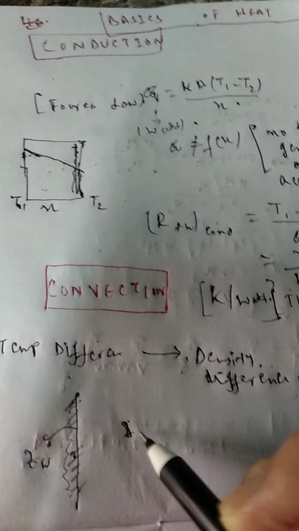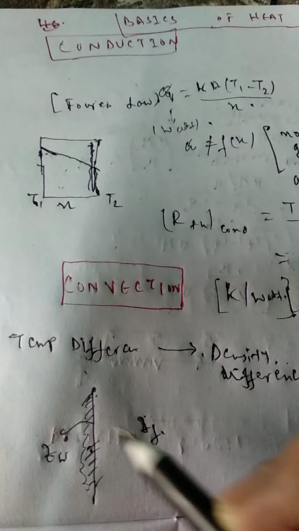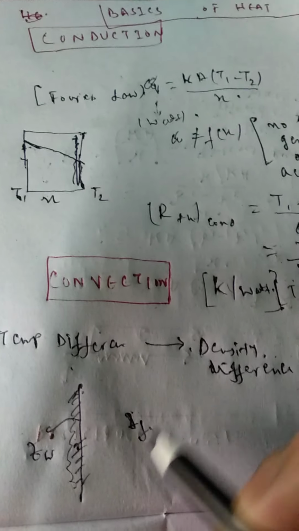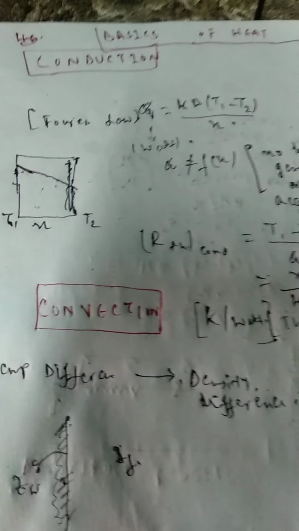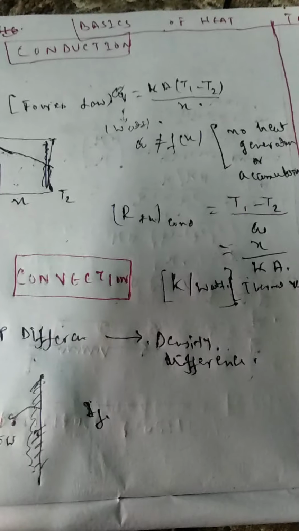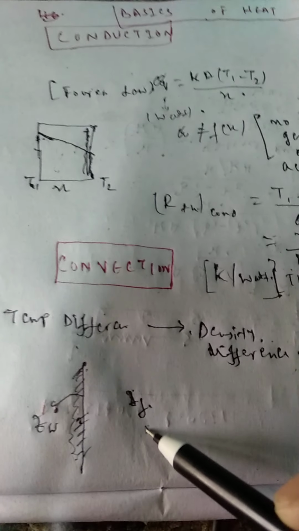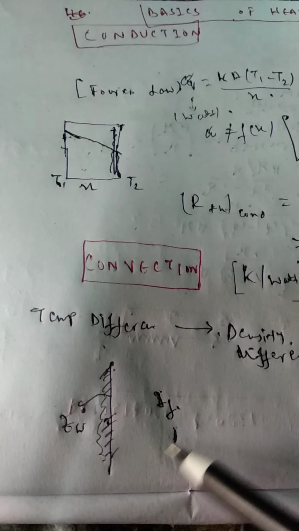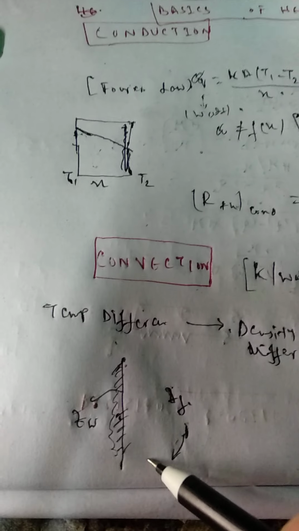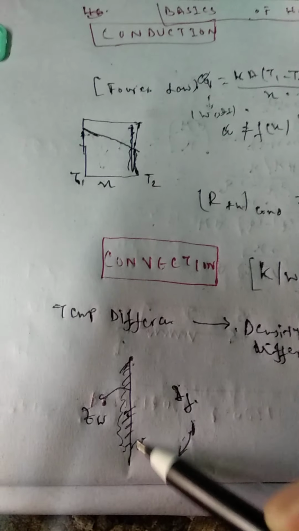Suppose there is fluid around this plate, having temperature TF. So this fluid, on getting heated, will become lighter and will tend to move in this direction. It will tend to move up.